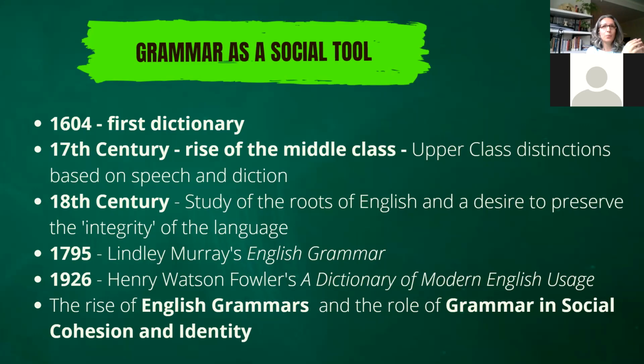And it was printed because Cawdrey, I think was his name, wanted to preserve, but also give people who didn't know some words additional words to use and context in which to use them.